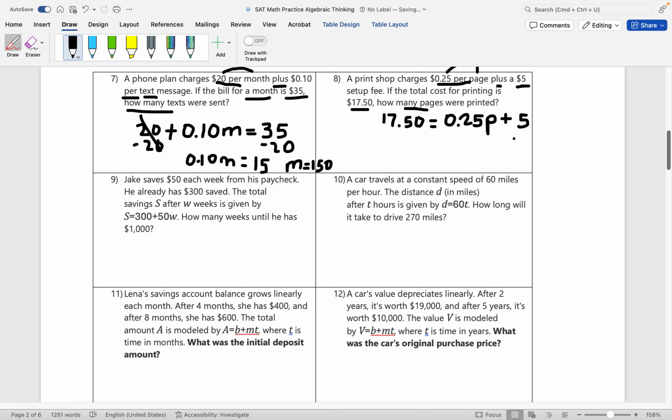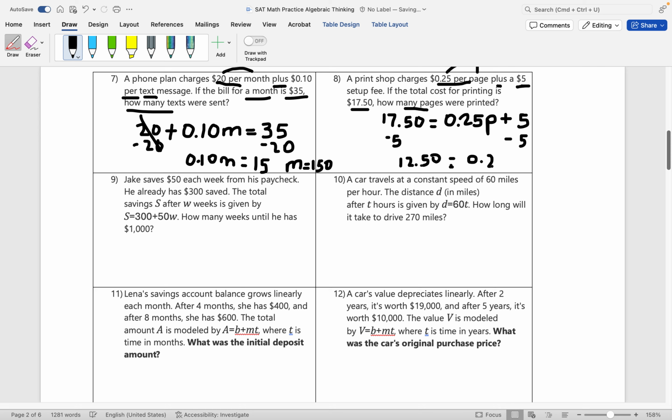All right, two-step equations again. Subtract the 5. When I subtract my 5, I get 17.15 minus 5 is 12.15... so 12.50 equals 0.25p.